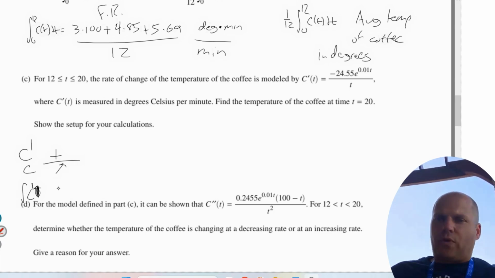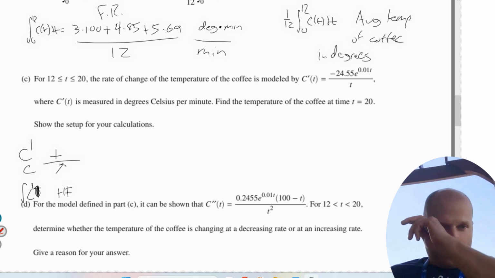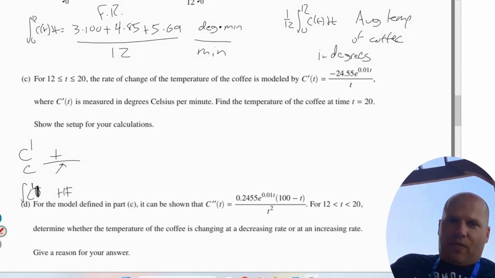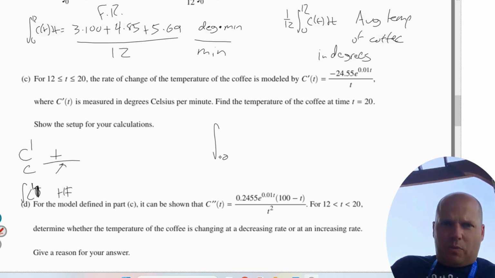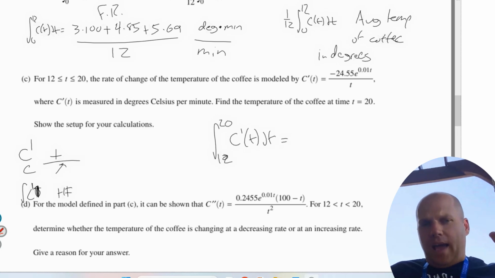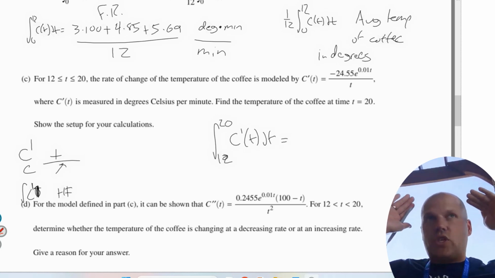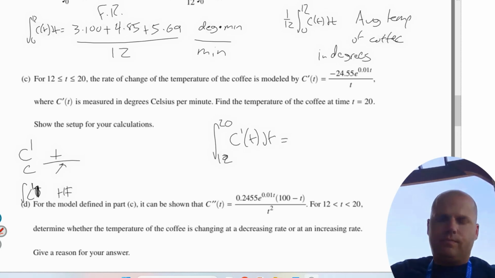You accumulate C prime, you know how much it increases. What's very important about this is that you're going to accumulate C prime, and that will just give you the change in temperature.